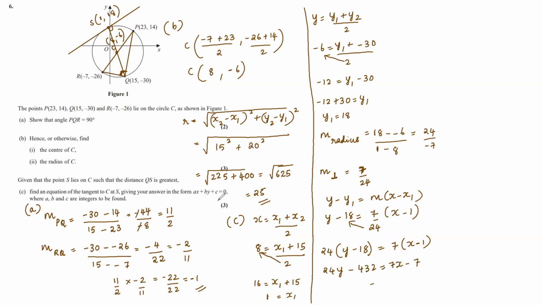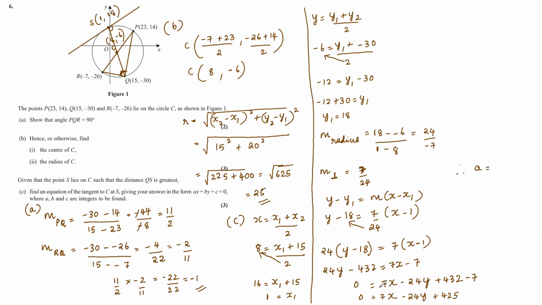Since we need it in the form of ax plus by plus c is equal to 0, bring all the terms to the right hand side. So 7x. 24y goes to the other side, it becomes minus 24y. Minus 432 goes to the other side, it becomes positive 432 minus 7 is equal to 0. So 7x minus 24y. 432 minus 7 is 425, plus 425 is equal to 0.